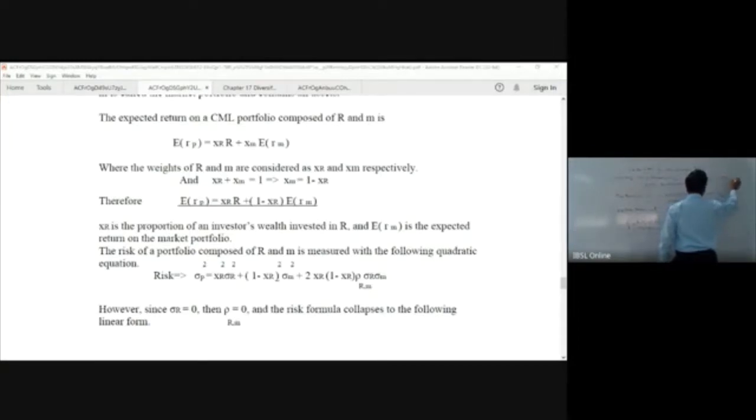What are the weights? XR and 1 minus XR. These are the weights, XR and 1 minus XR.